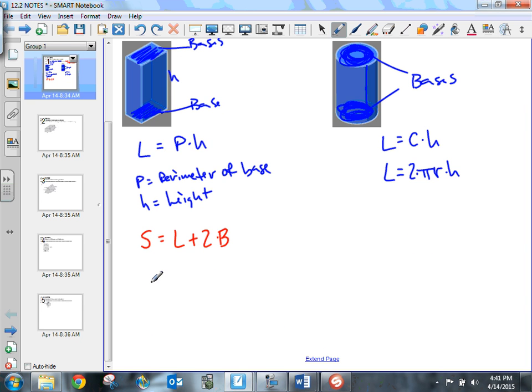So really what this ends up becoming is S is equal to P times H plus 2 times B. And remember B is equal to the area of the base, whatever that shape is.